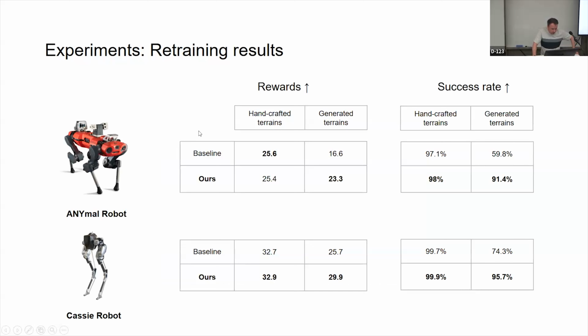And so here are the quantitative results. The baseline here is a controller that is trained with the same amount of computation, but only on handcrafted terrains. And my method uses half handcrafted terrains and half generated terrains. And I tested the controllers on the two kinds of terrains.